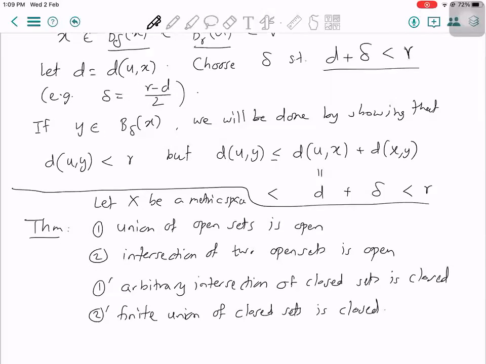So the reason why these are called 1' and 2' is because it's just taking the complement and doing basic set theory. Okay. And I think that with this, it's a good point to stop, because then we can define what a topological space is once we have these properties. So let's stop for today.